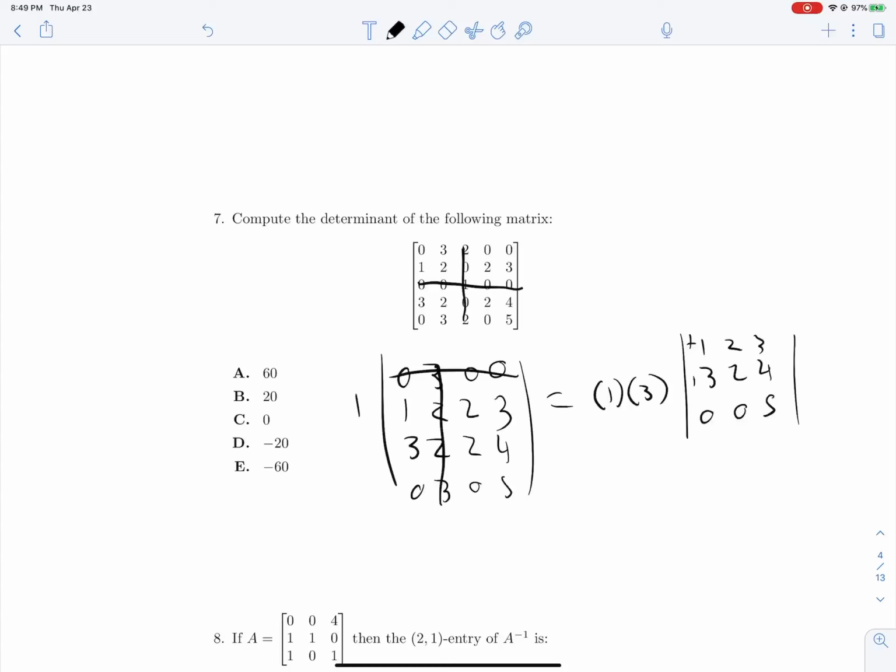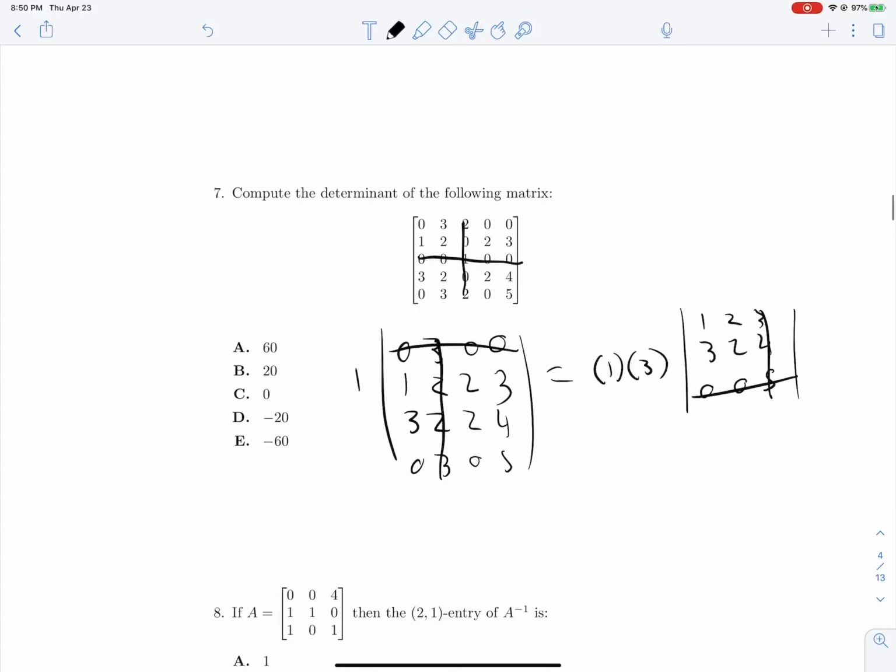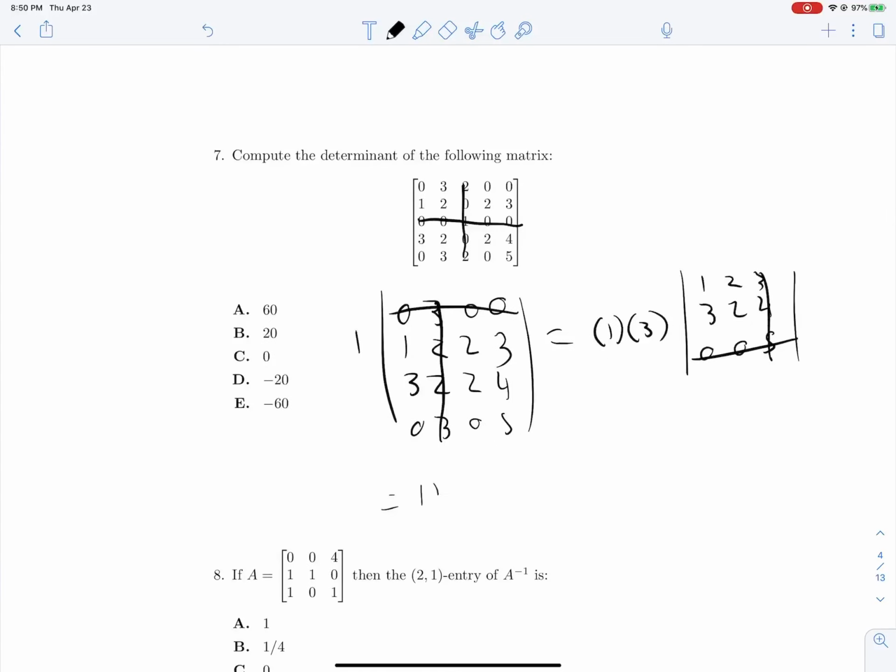Plus, minus, plus, minus, plus. We can pull out that 5 with a plus sign on it and set this equal to 1 times 3 times 5 times this determinant here, which will be, what? Negative 4.